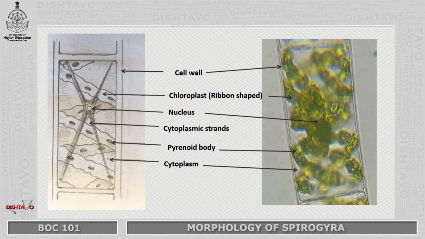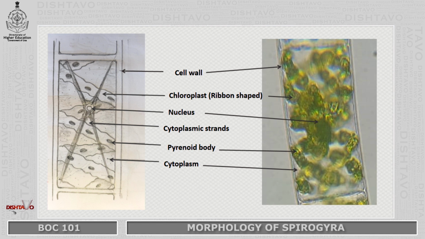So, you can see all the cell structures, that is outermost is the cell wall, then you have the chloroplast which is ribbon like and it is moving spirally within the cell wall. You have a nucleus there, that dark cloudy thing that you can see in the right diagram, and this nucleus hangs in the center of the cell with the help of cytoplasmic strands.